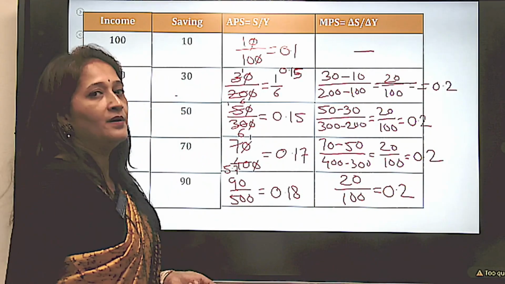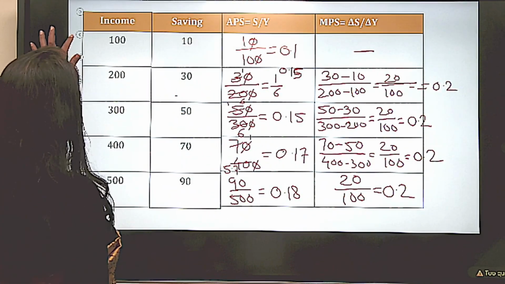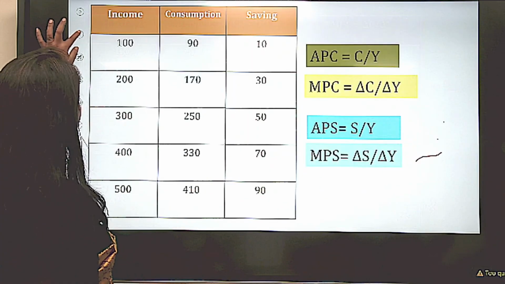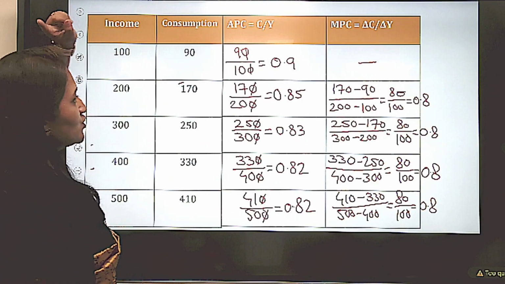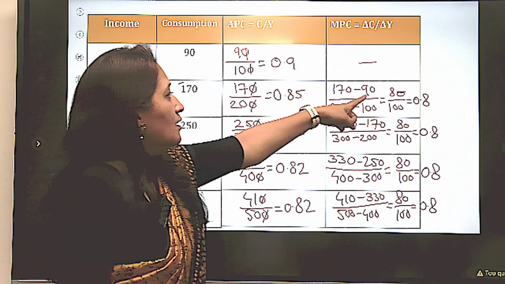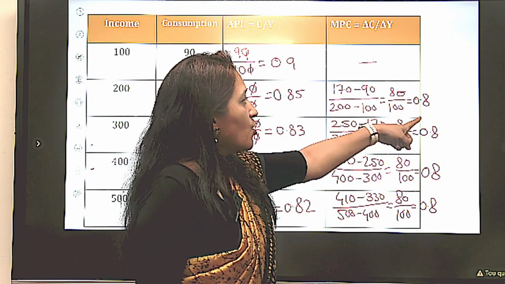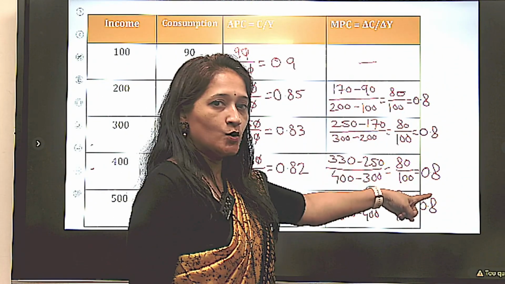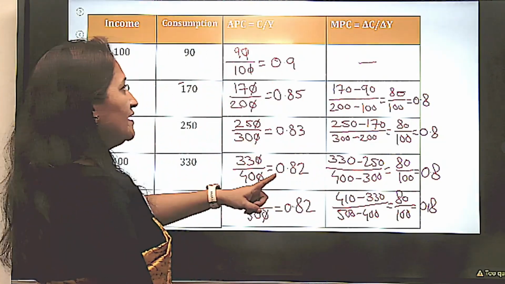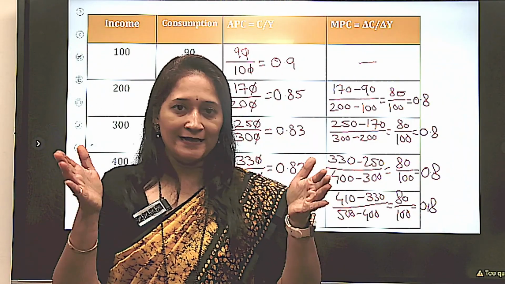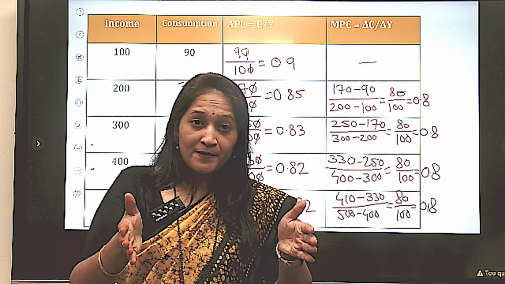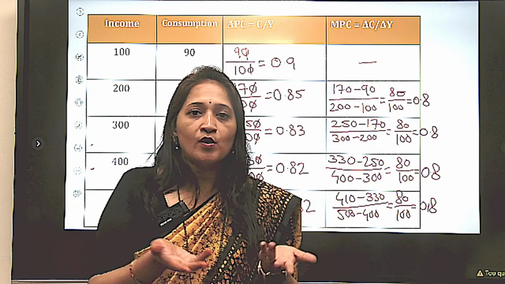If you remember, in the case of MPC, our MPC value was constant throughout, 0.8, 0.8, 0.8. Obviously, out of total income, if 80% you are spending on consumption, what is left?